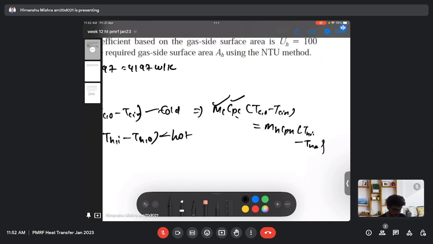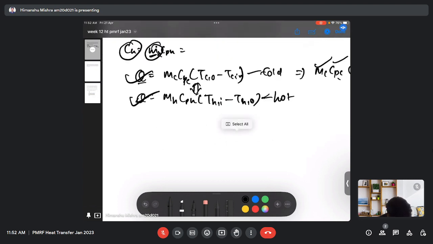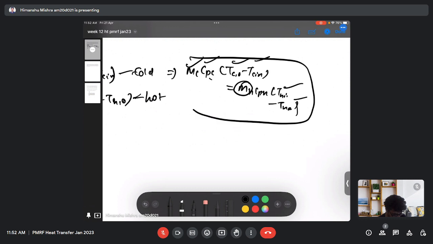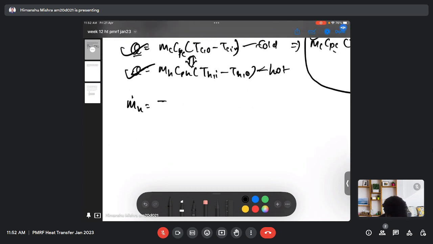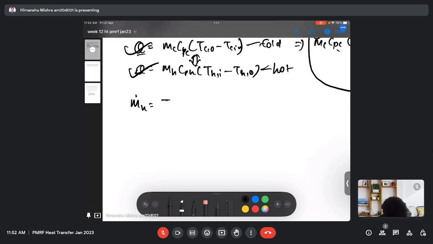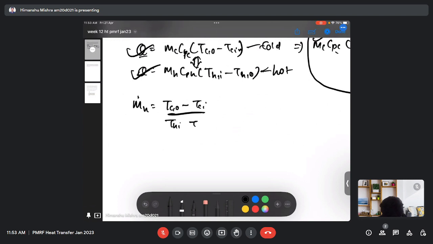I have been given all the temperatures. Only this I have to find. So my mass flow rate for the hot fluid from this relation will be given as this.